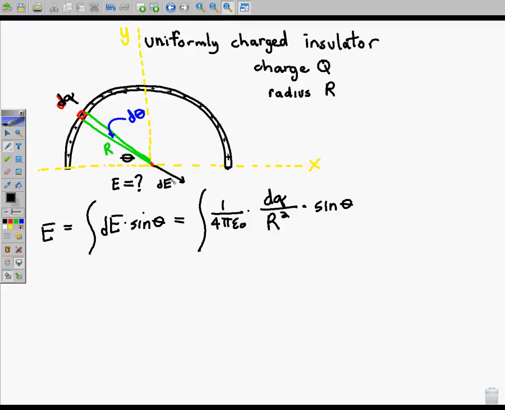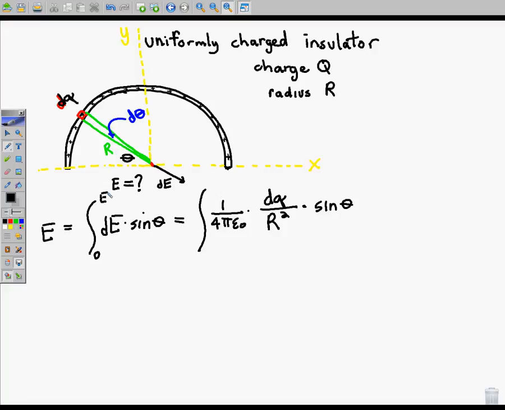Now, I know I didn't write out over here the boundaries, but if I did, I could say this is from 0 to the whole electric field, because I'm summing up all the dE's. Normally I don't even write that, leave that off.